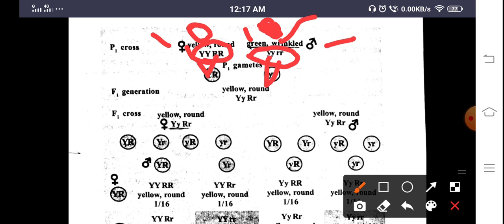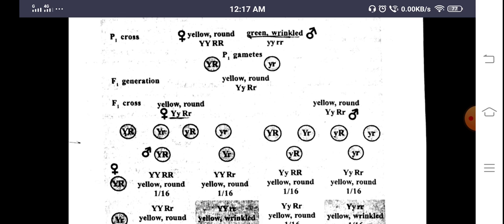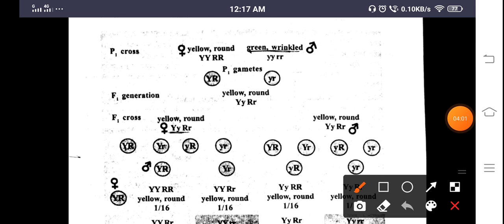So the P1 gametes: the female plant gamete is capital Y, capital R, and the male plant gamete is small y, small r.